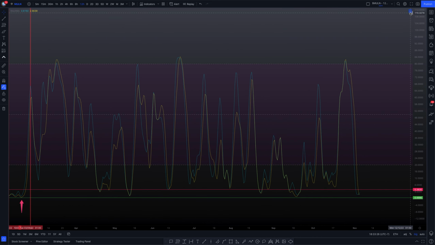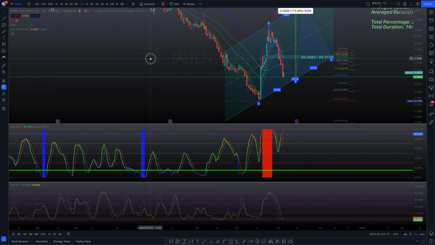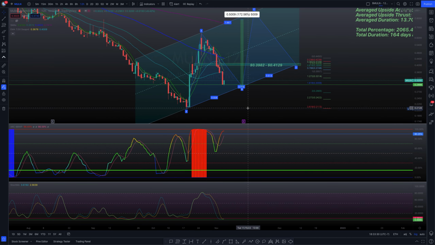Let's go back to this chart. If we did go a little bit deeper, it would be confluent with potentially gaining a little more of an entry at around the 27 cent level, for us to be able to catch a long position to the upside and thus realize this 172% move.